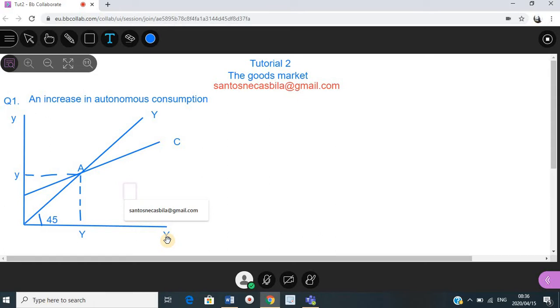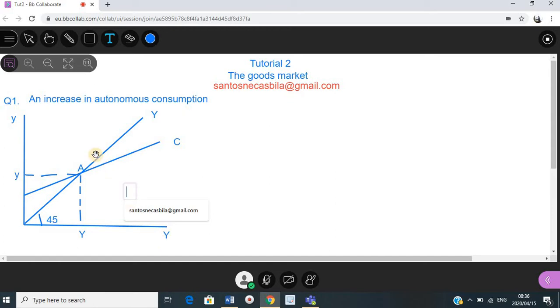So here we have two Y's, but I wrote a small y and a big Y just for the sake of differentiating them. Otherwise, we would have written, let's say, Z to mean demand or something else like that.